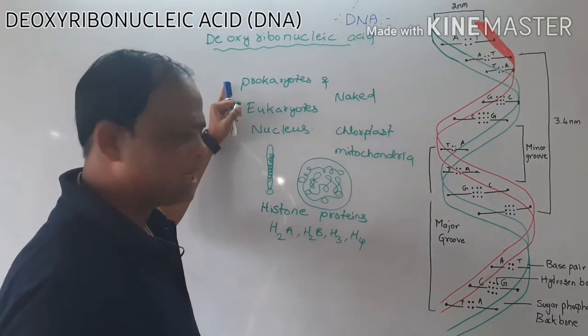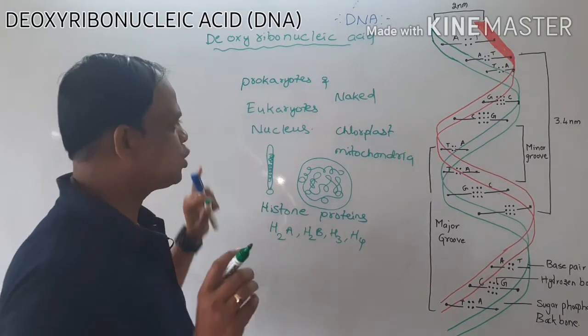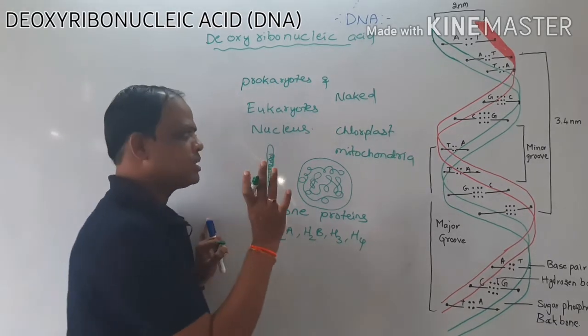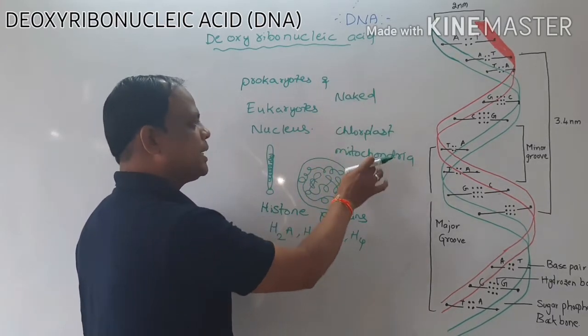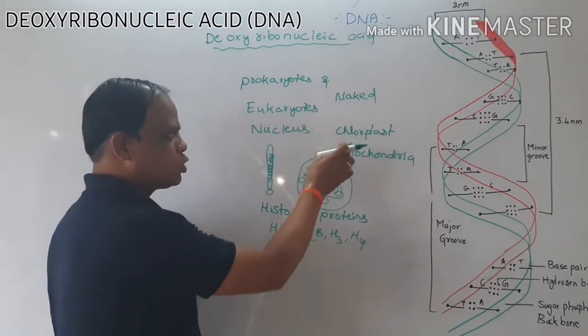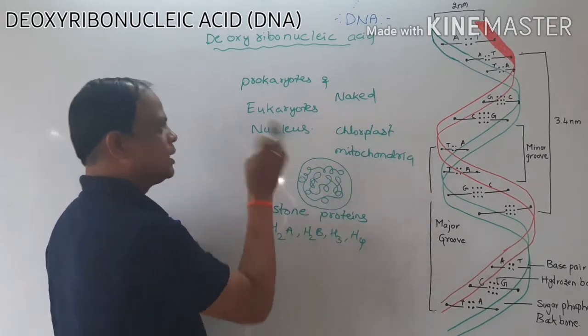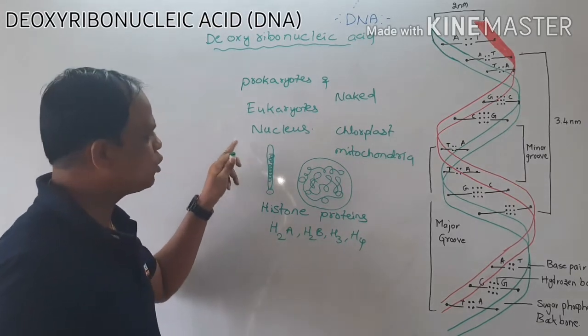Mainly DNA can be present in all prokaryotes and eukaryotes, and some slight amount of DNA can be present in chloroplasts and mitochondria, these two organelles. DNA is mainly present inside the nucleus.